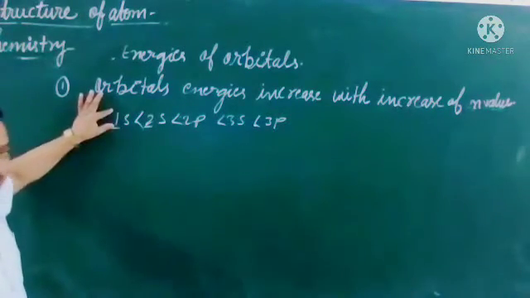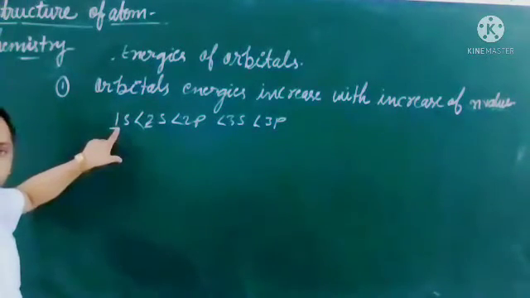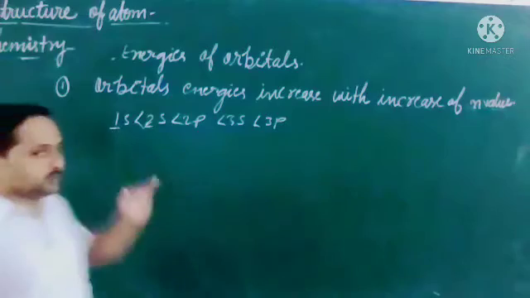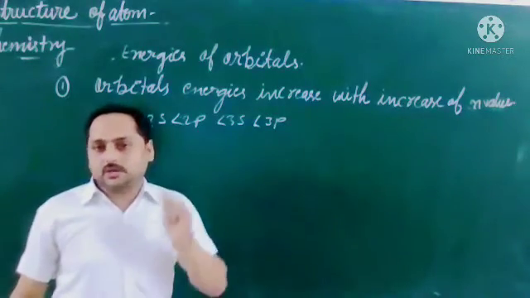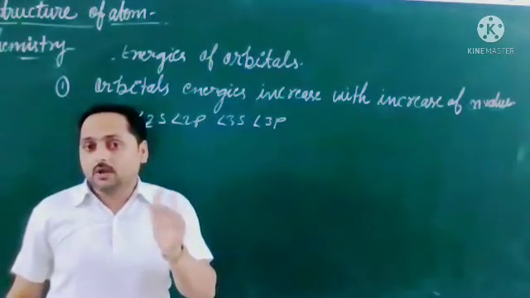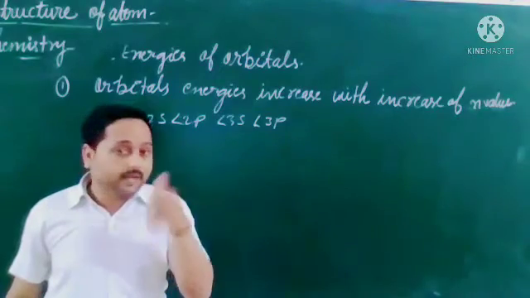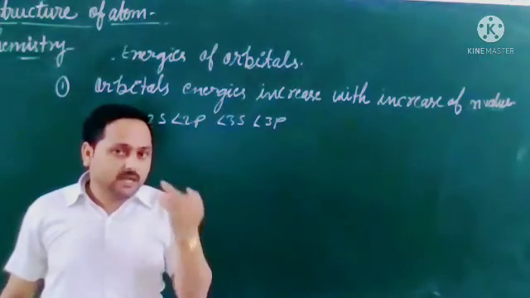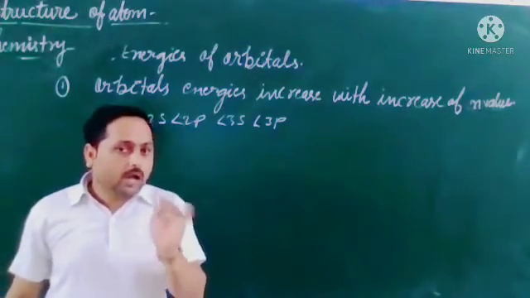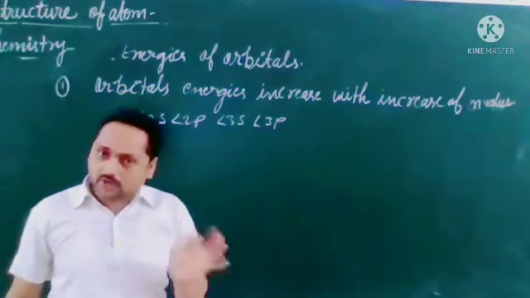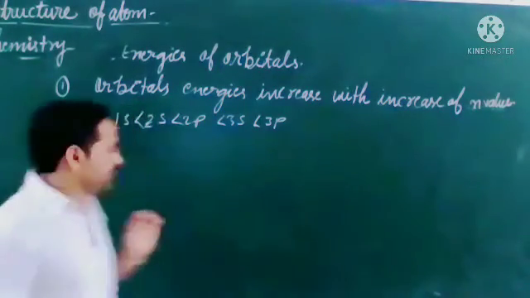The coefficient written before the orbitals shows the energy level. Just listen, it shows the energy level. So orbitals with a higher value have more energy.